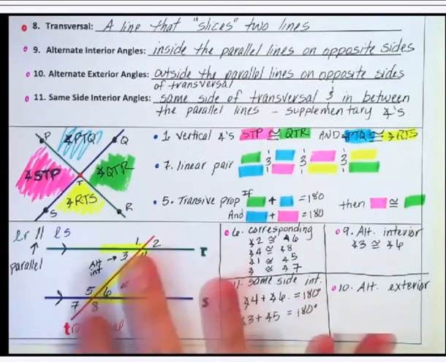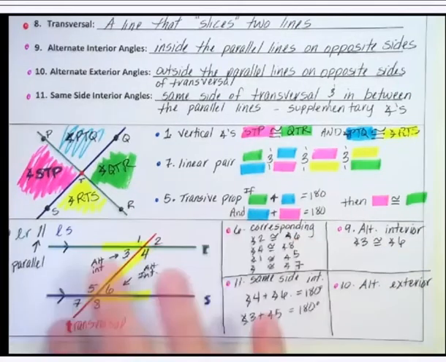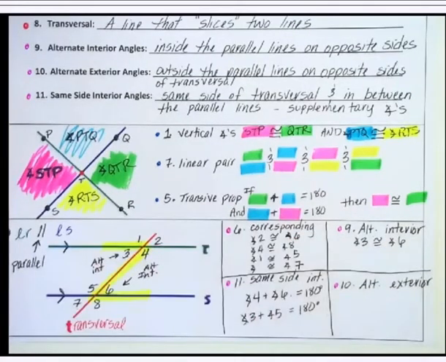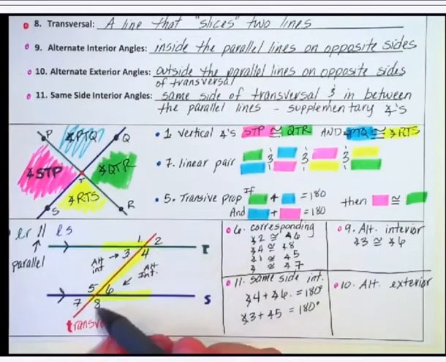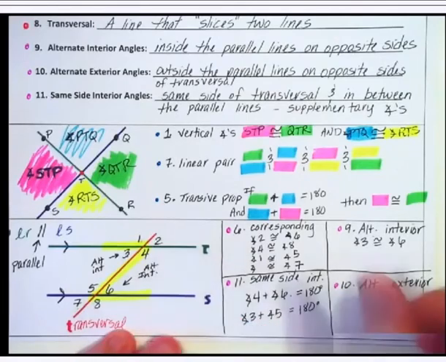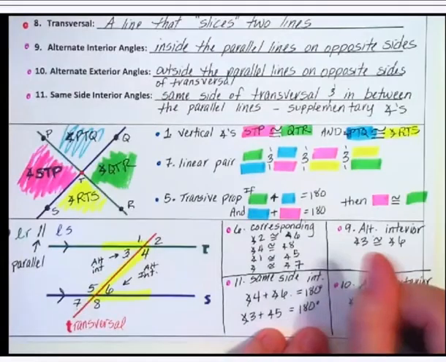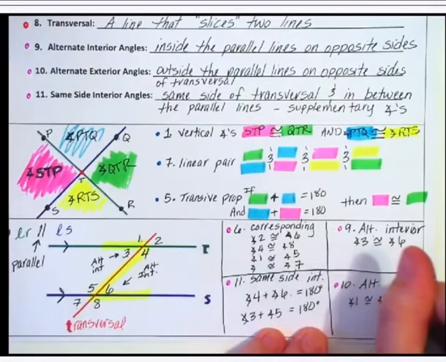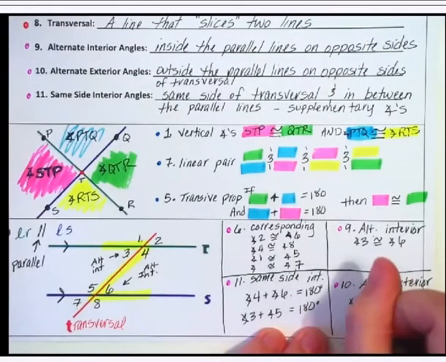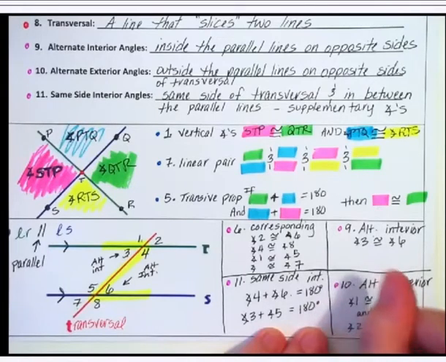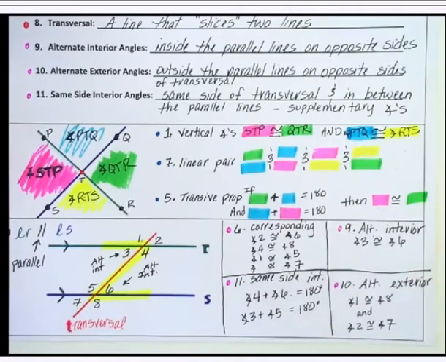So 1 and 8 and 2 and 7, both of them actually count as the alternate exterior angles. Angle 1 is congruent to angle 8, and angle 2 is congruent to angle 7, both of them. Okay.